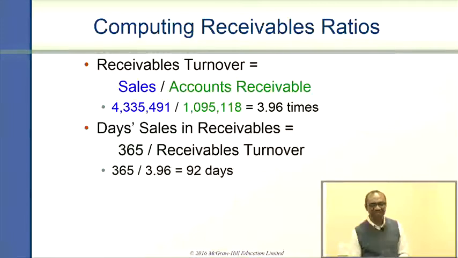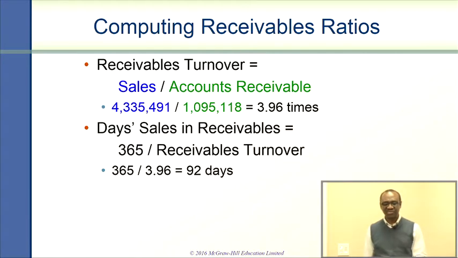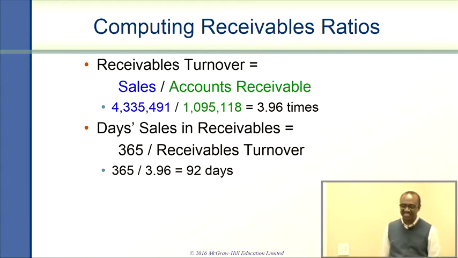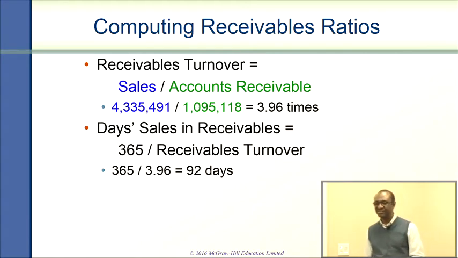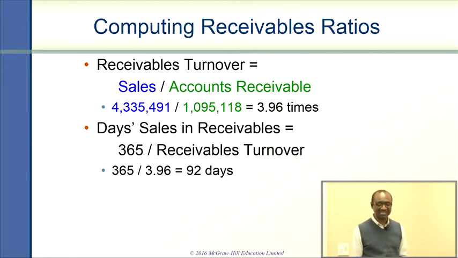Here we have 365 days in a year divided by the receivable turnover. In this case, the number of days that our receivable is taking, holding our money before they pay, is 92 days. That's 3 months.